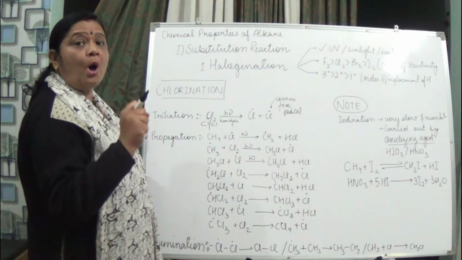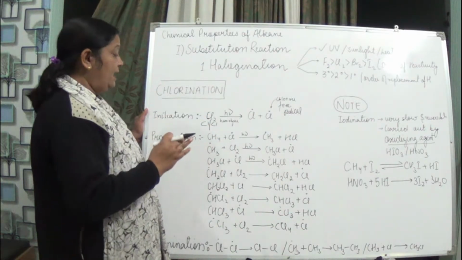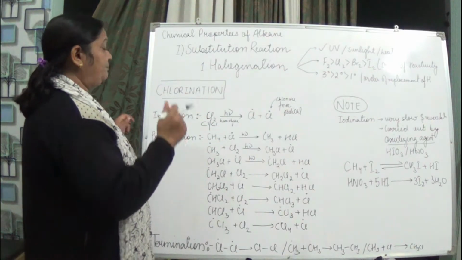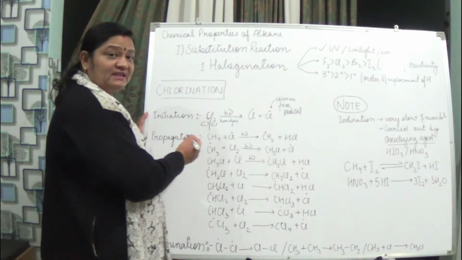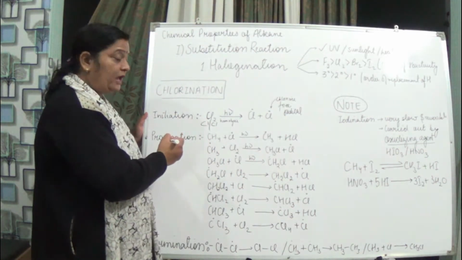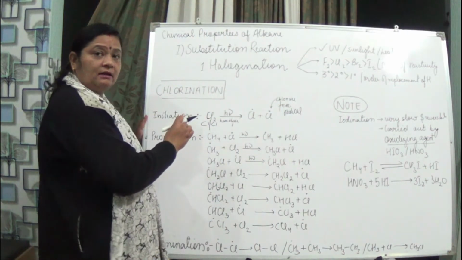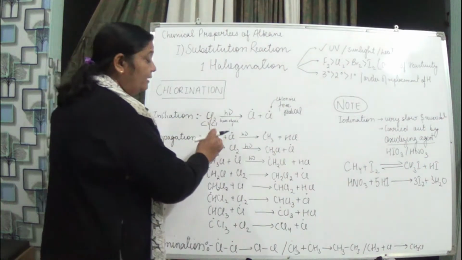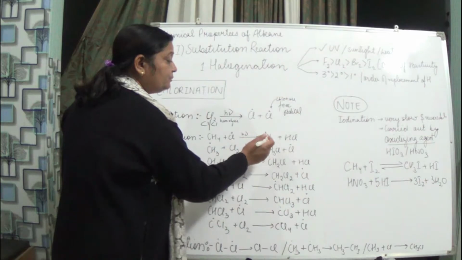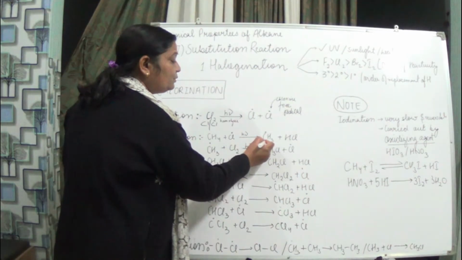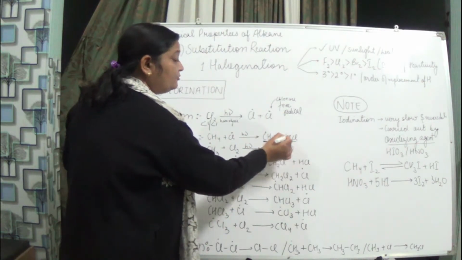Now how will the reaction propagate, how will the reaction go on? Let us see what happens. We have taken methane, CH4. One hydrogen will be replaced by this free radical of chlorine, thereby making CH3 with one free electron, which is very reactive in nature, and HCl will be formed.